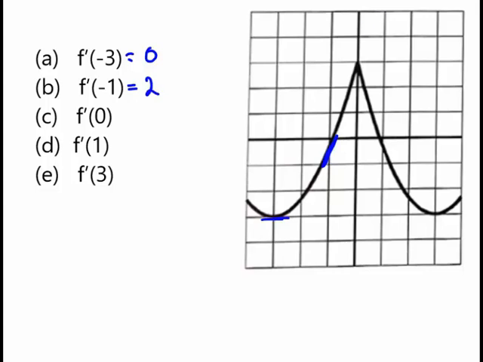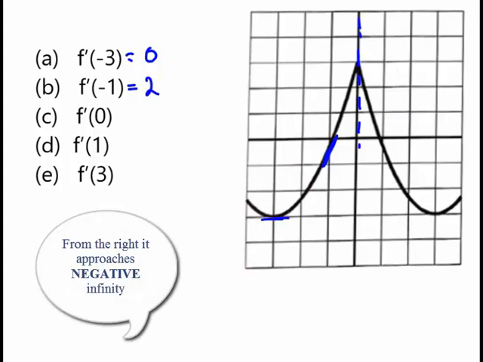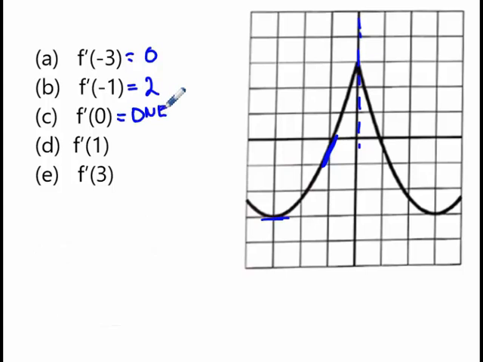This is a tricky one because on this, it's this way. So from the left, it's approaching infinity, and from the right, it's approaching infinity. So this does not exist. F prime of 1. Let's see. And f prime of 3 is equal to 0.